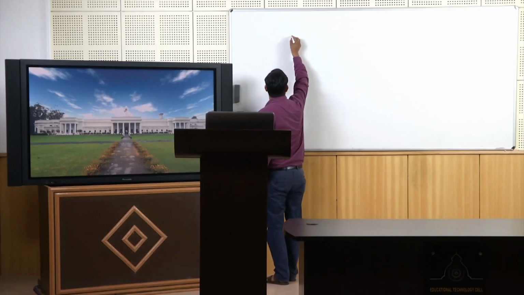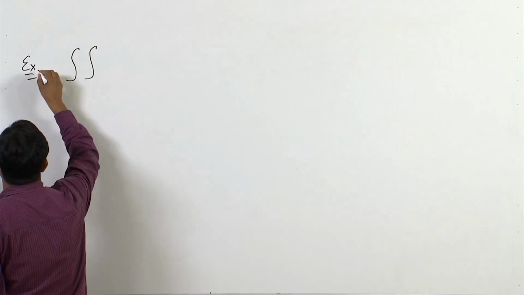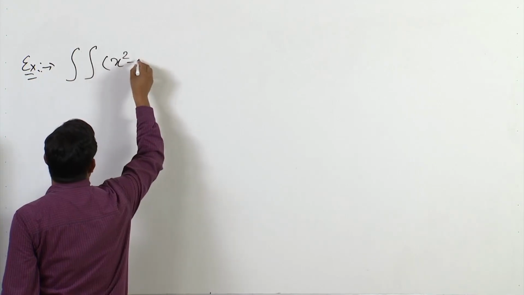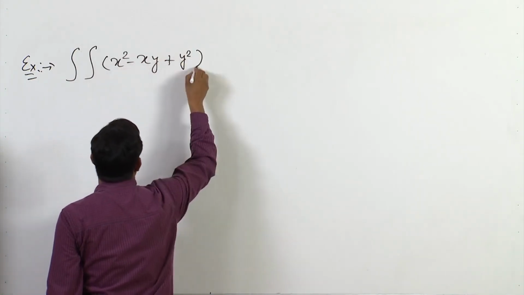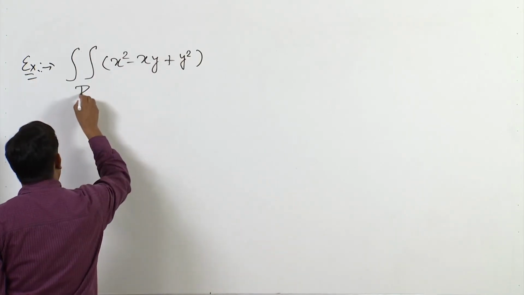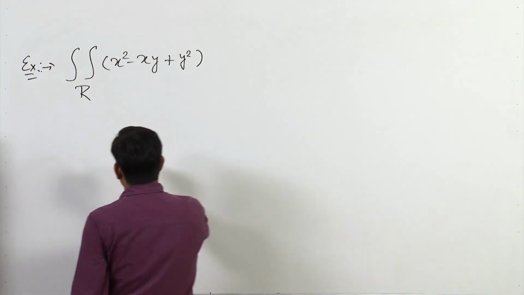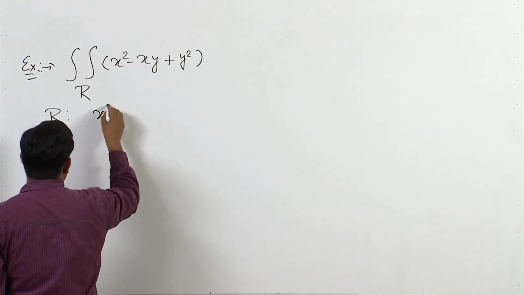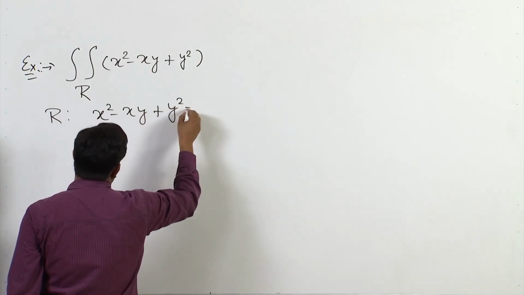So, I am having x square minus xy plus y square over the region R, where R is given by the ellipse x square minus xy plus y square equals 2.